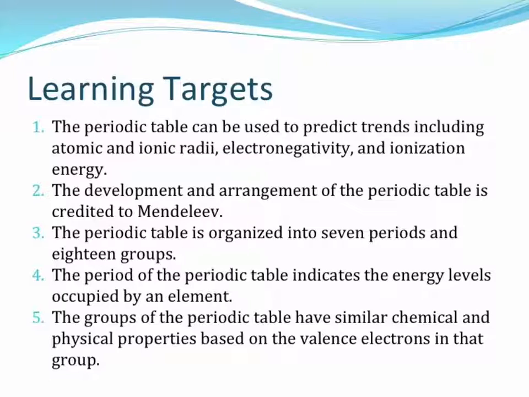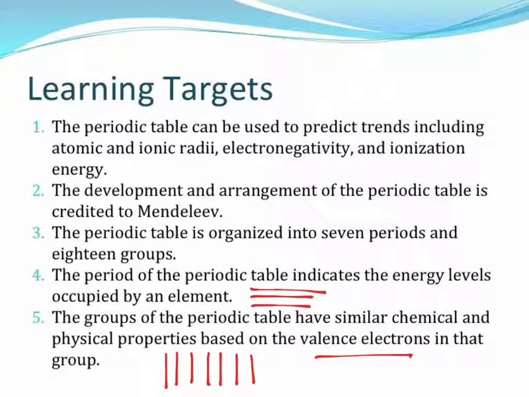Periods are like this, and we have 7 of them. Groups are our vertical columns, and there's 18 of them, and those are based on the valence electrons. How many valence electrons are there? And they all happen to have similar chemical and physical properties.